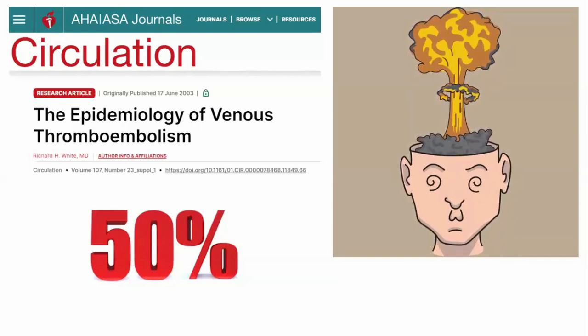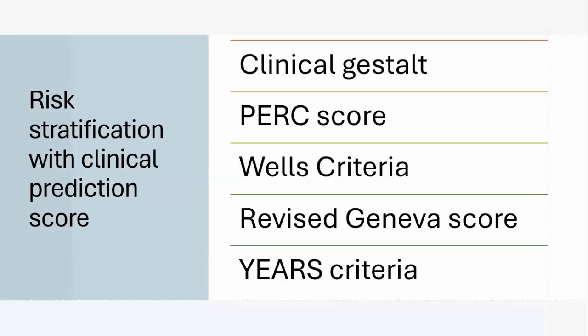And that brings us to how do we risk stratify these patients with clinical prediction scores? Because that's what we do in emergency medicine. We weigh up risk versus benefit. So your clinical gestalt, there's numerous studies showing that clinical gestalt is as good and sometimes even better than using a clinical prediction score.